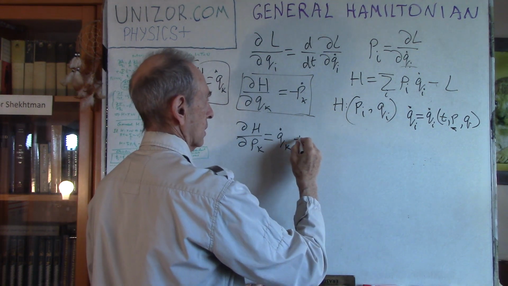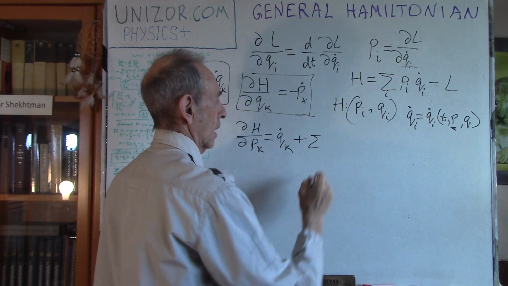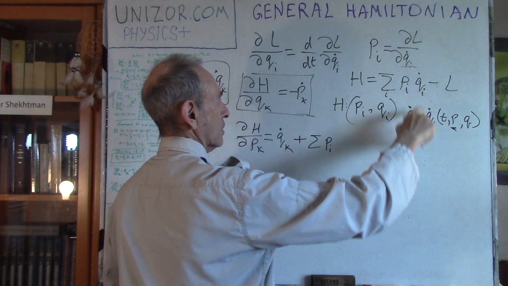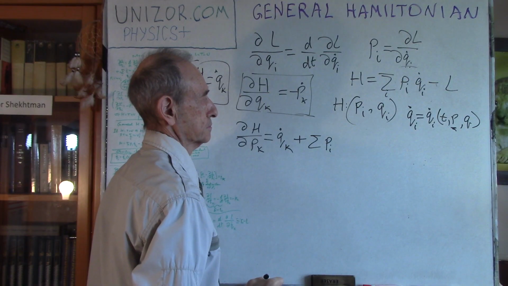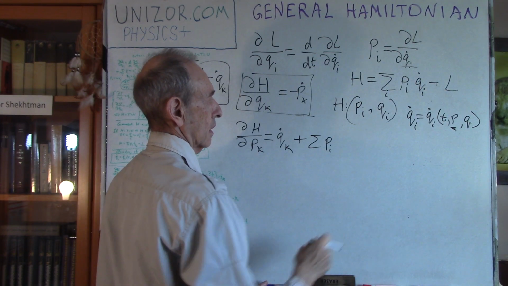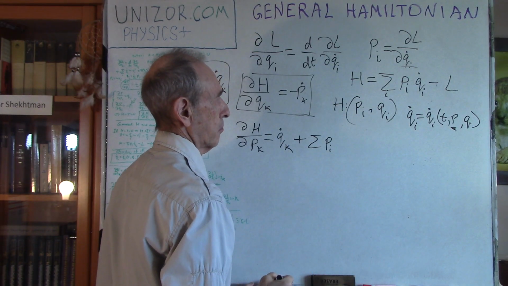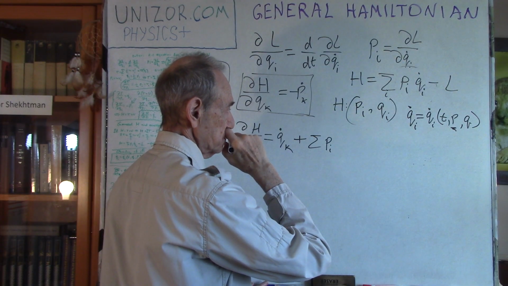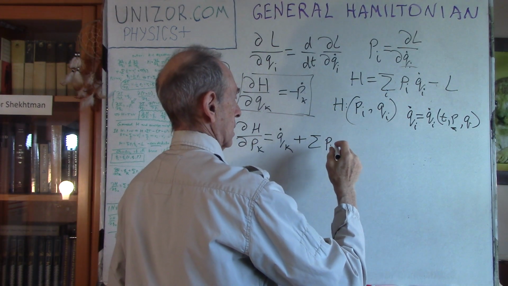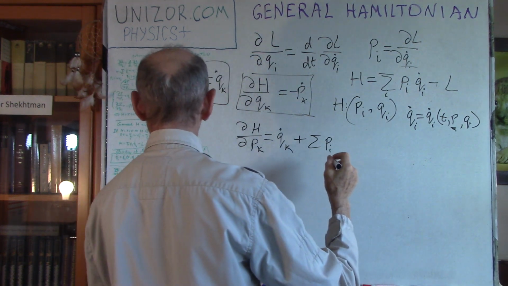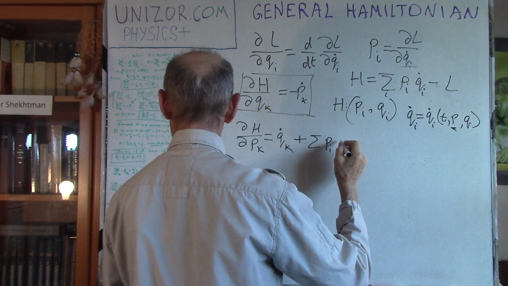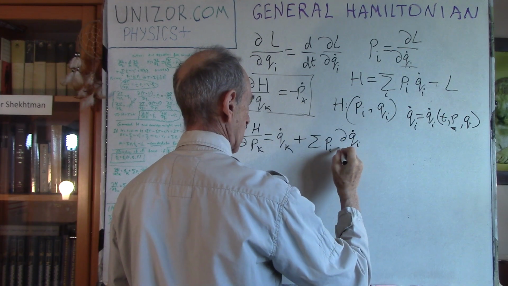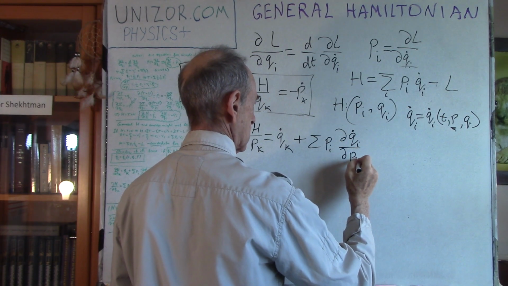So I have to add the sum of pi times the derivative of this by pk, which is the partial derivative of qi dot by pk.